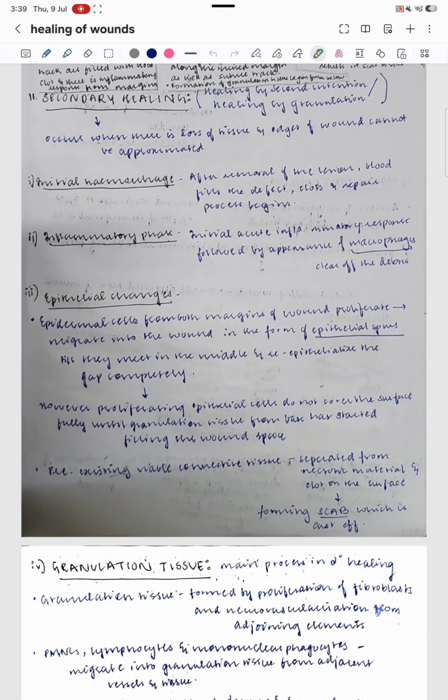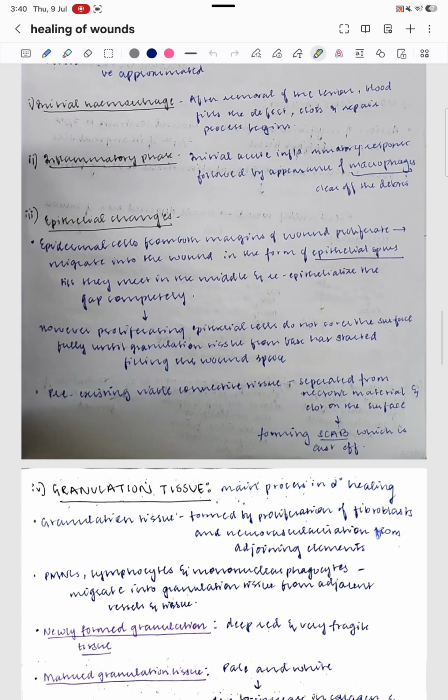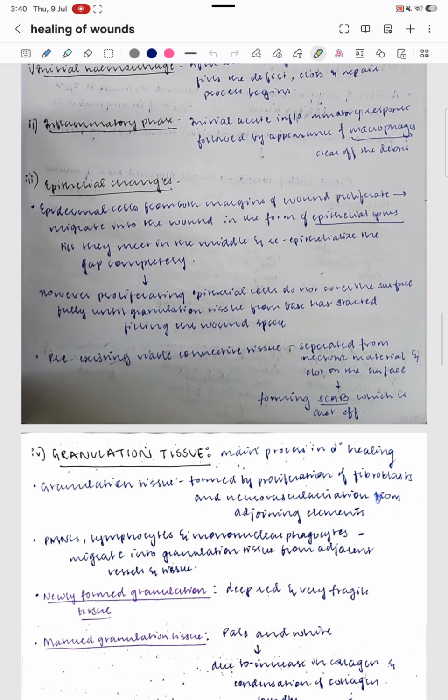So after the removal of lesion, there is blood that fills, then there is clot, then the clot is accompanied by macrophages, then epithelial cells are forming epithelial spurs, they fill the gap. However here epithelial spurs do not cover the surface until granulation tissue has filled.